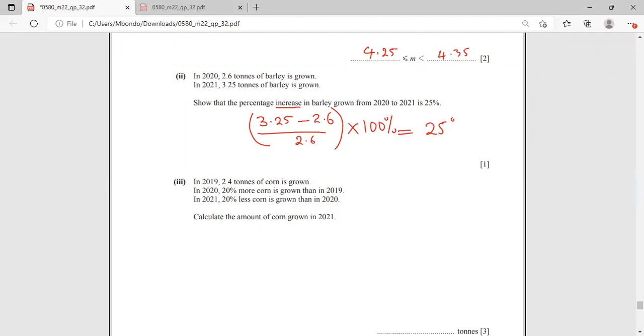Calculate the amount of corn grown in 2021. So first of all, we need to look at the amount of corn that is grown in 2020.